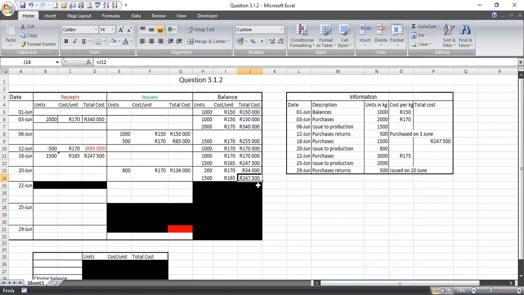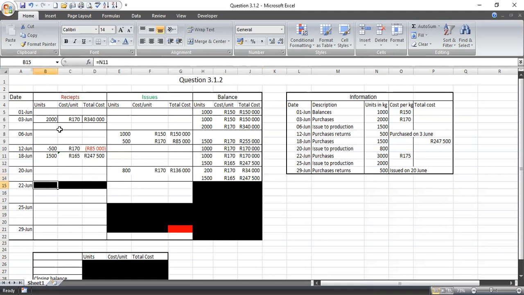247,500. Now that we've calculated our balance, we can move over to the transaction on the 22nd, where we are told that we made purchases of 3,000 units at a cost per unit of 175. Since these are purchases, they should be recorded under receipts.